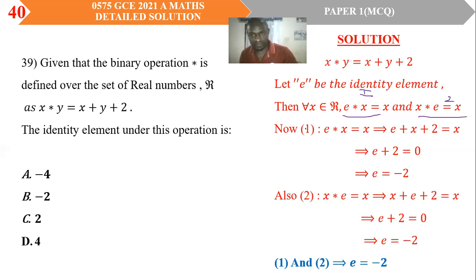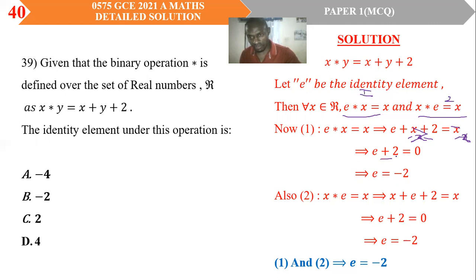Now, for 1, E star x is equal to x implies E plus x plus 2 is equal to x. Now we find the value of E. If we subtract x on both sides, x minus x gives 0, and we have that E plus 2 is equal to 0.